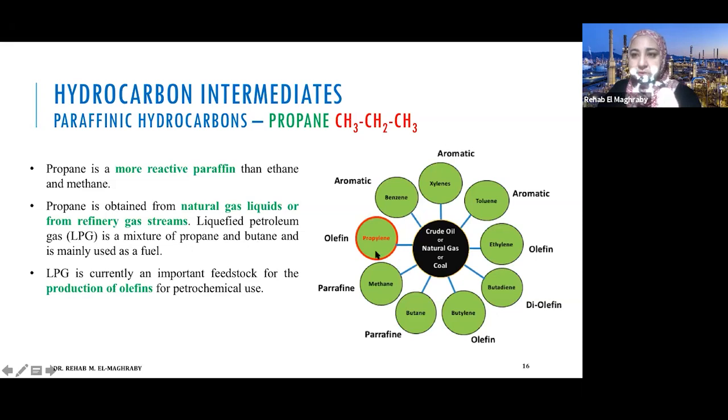The difference between propane and propylene is the double bond. Once we take two hydrogens from propane using high temperature, which is called steam cracking, we convert propane to propylene.